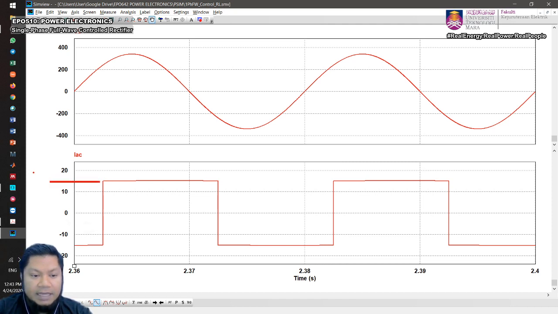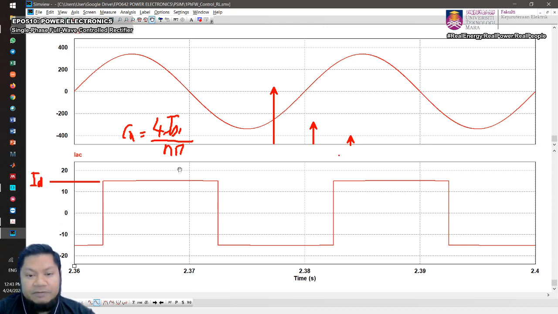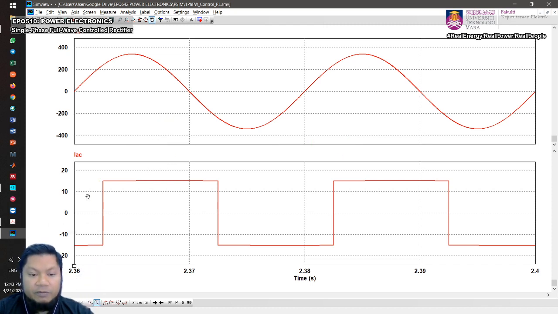So Cn will always equal 4 IDC over n pi. For the first harmonic, that becomes 4 IDC over pi. The third harmonic is 4 IDC over 3 pi, and the fifth harmonic, 4 IDC over 5 pi. The amplitude is very similar to the square waveform that we had before.